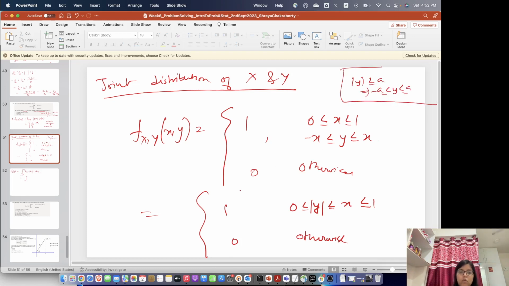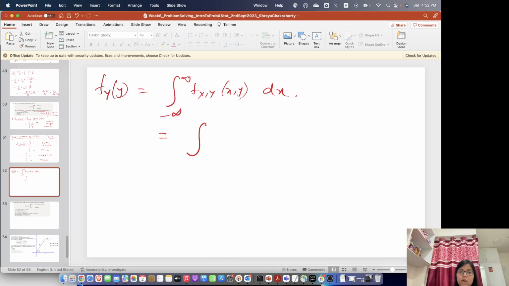So then x ranges from how much to how much? It ranges from mod y to 1 and the joint PDF is 1, dx. So this is 1 minus mod y.